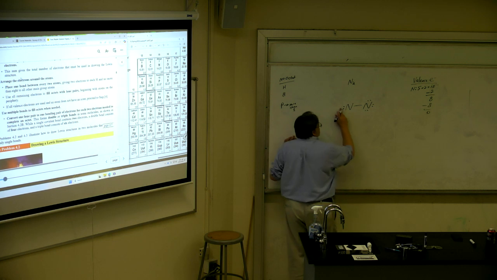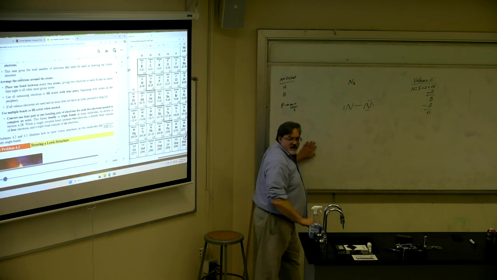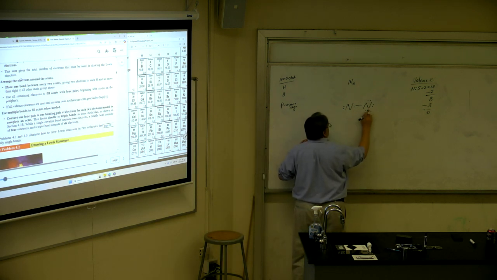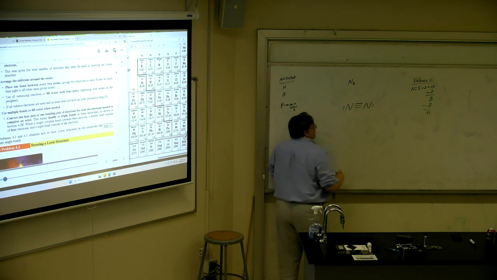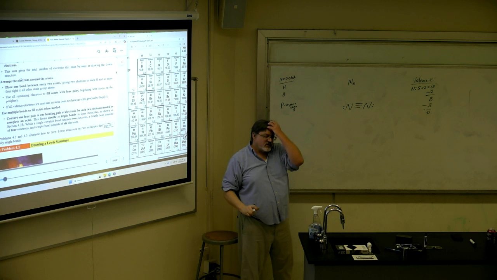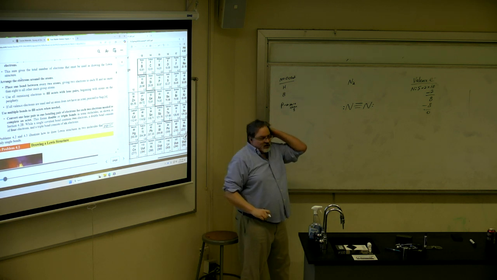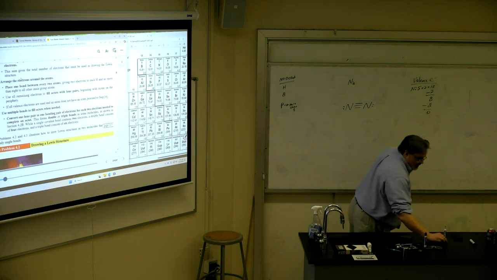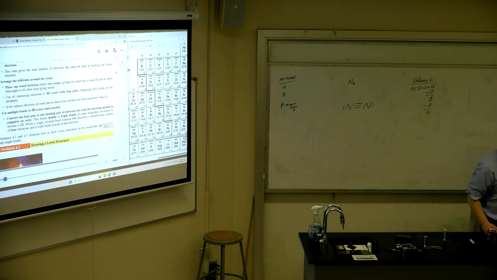So if I took this pair and made a bond there, that's not going to help me get the octet on nitrogen. That's why I took both of these from over here. So now both nitrogens have an octet. So the more formal way is adding up the electrons and following those 4 rules.